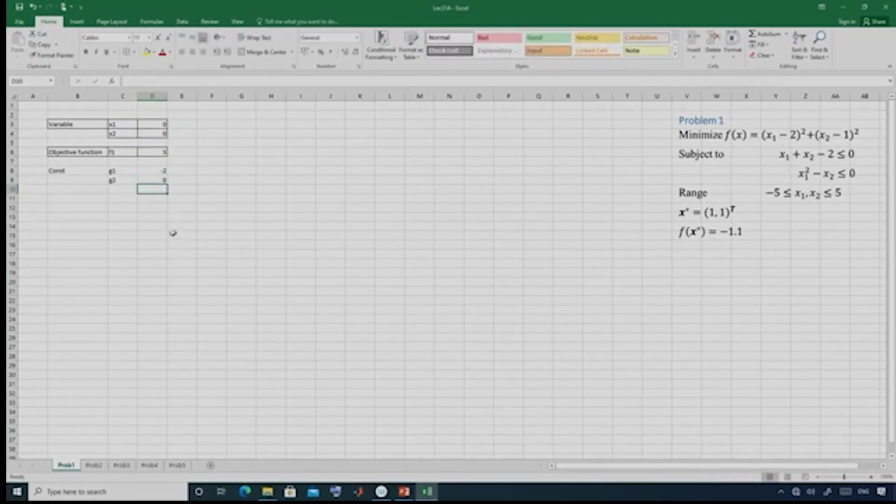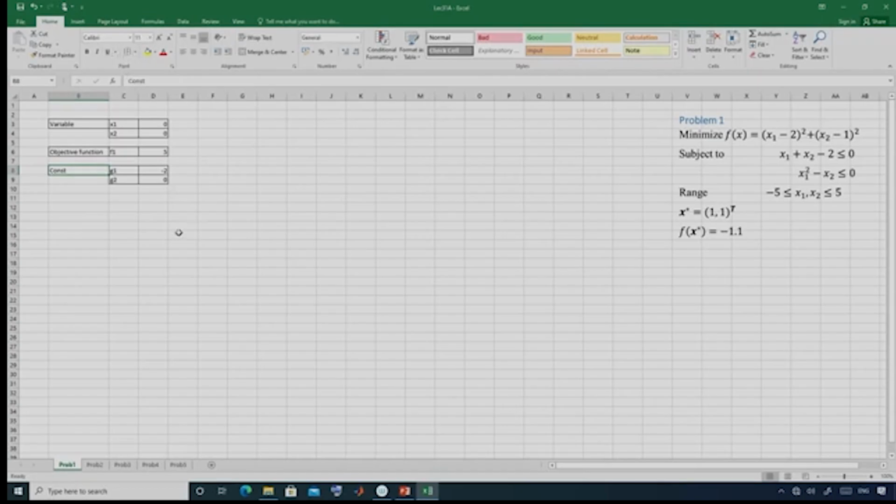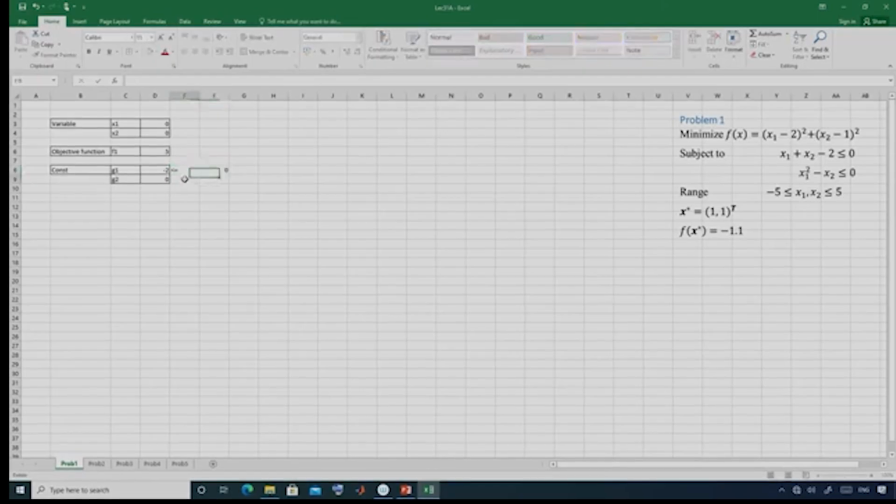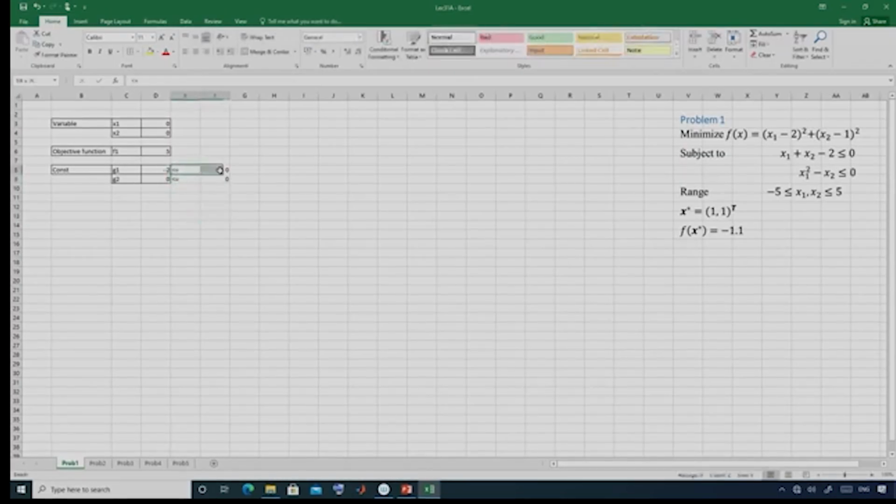So it is 0. So I am defining the objective function and constraints here. So I have defined my problem, and this should be less than equal to 0, is not it? Less than equal to 0, and this should be less than equal to 0. So these are my constraints.